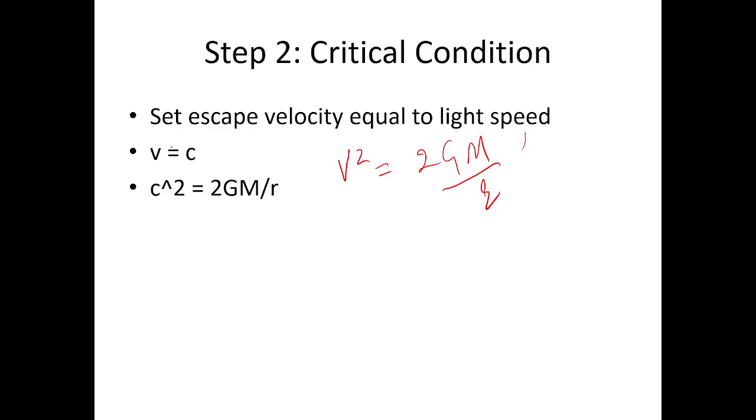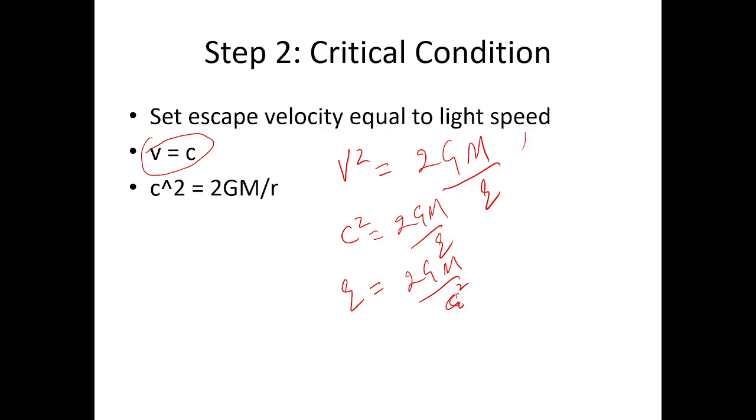So when we put this condition, c square is equal to 2GM over r, and we find the r in that situation: 2GM over c square.